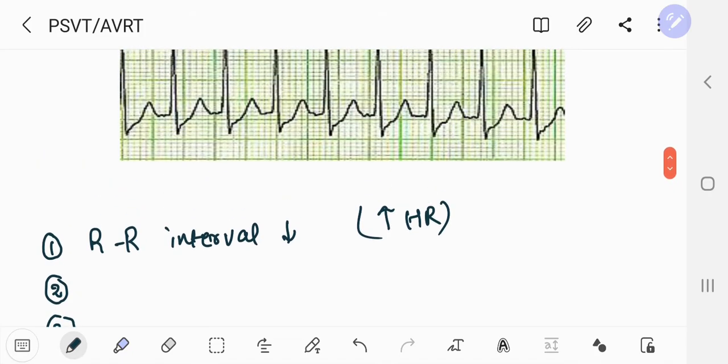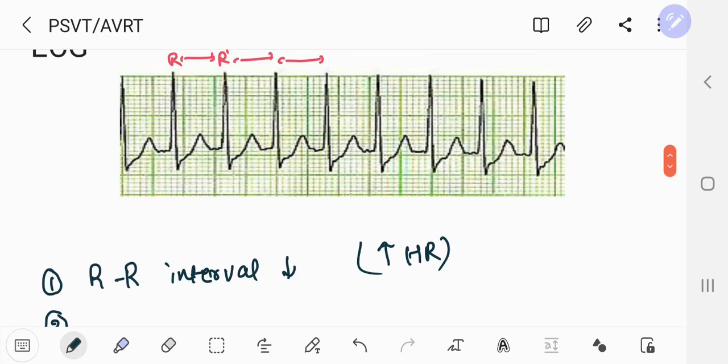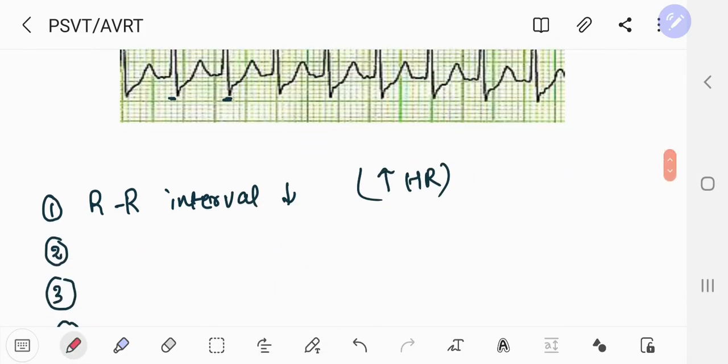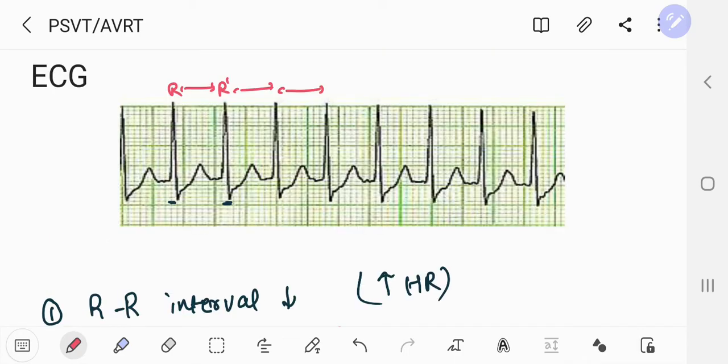Now, the next thing is, can you appreciate the QRS interval? It's more narrowed. So it's a narrow complex QRS. You must be wondering where is the P wave. There is no P wave. In a normal sinus rhythm, a P wave is always followed by a QRS complex.